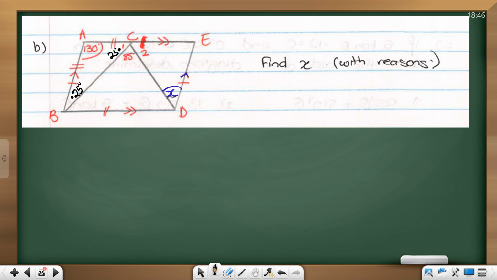185 degrees and 25 degrees. Getting close. What can we do to get E?